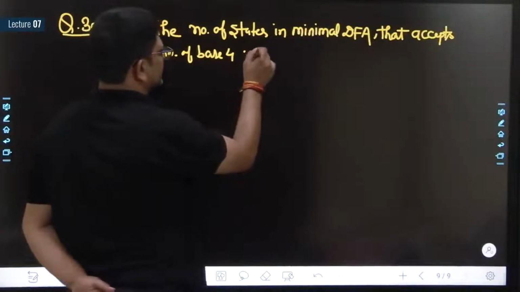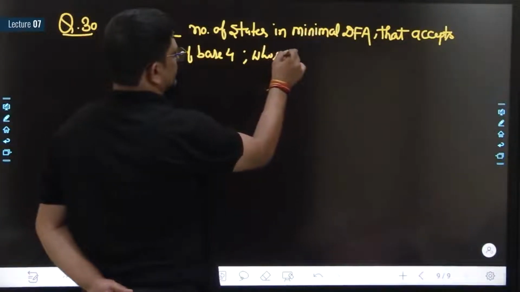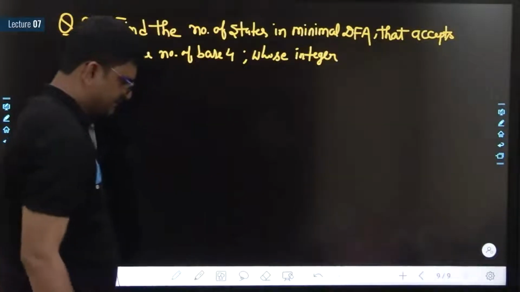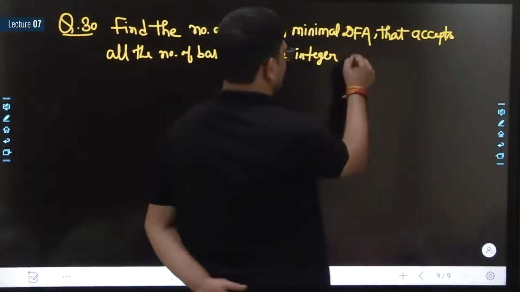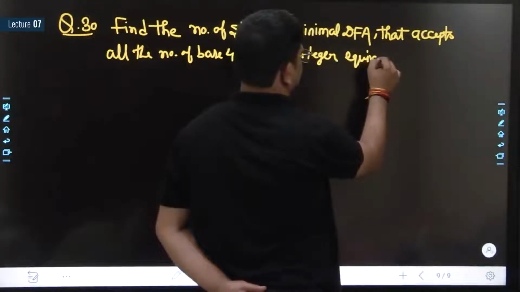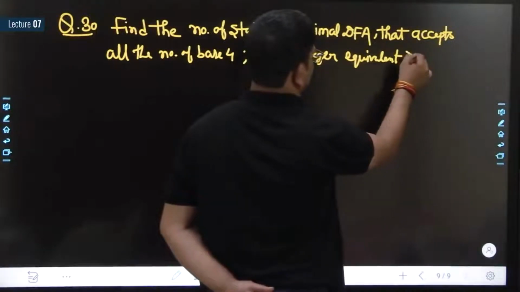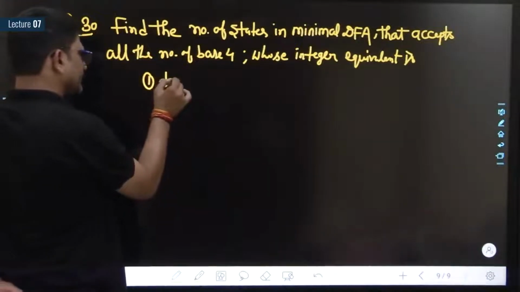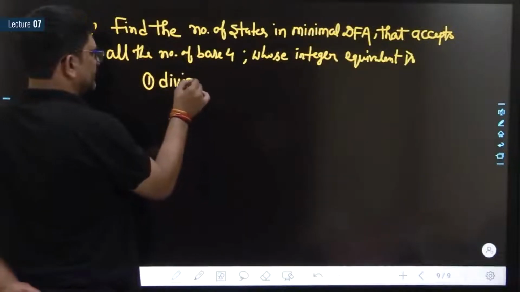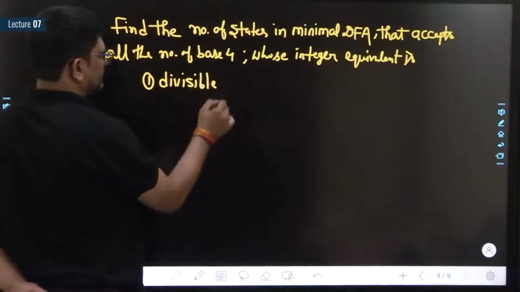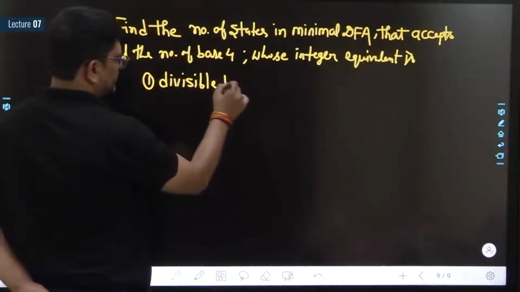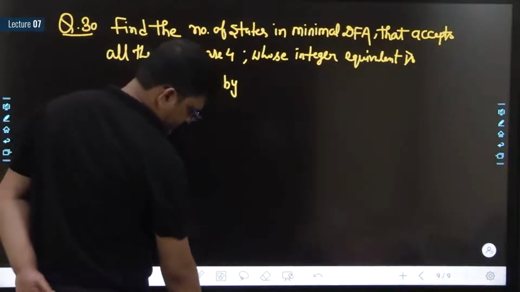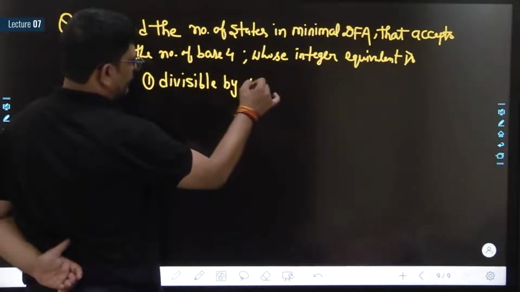whose integer equivalent is, first question, divisible by 4.